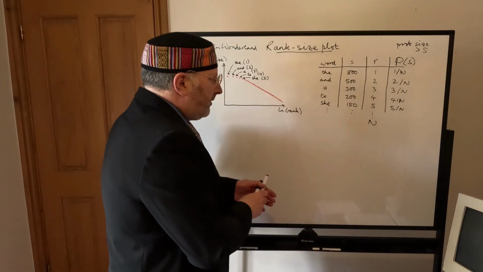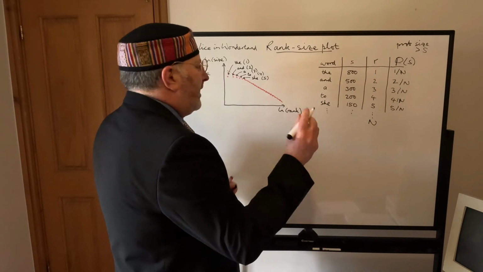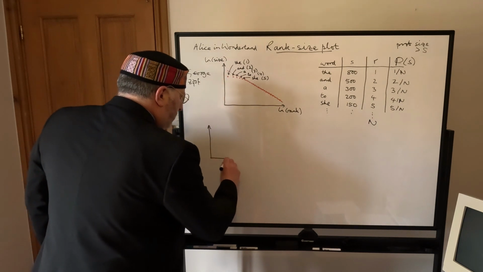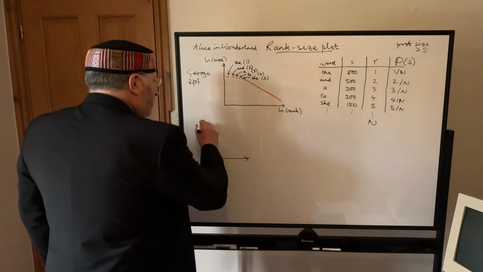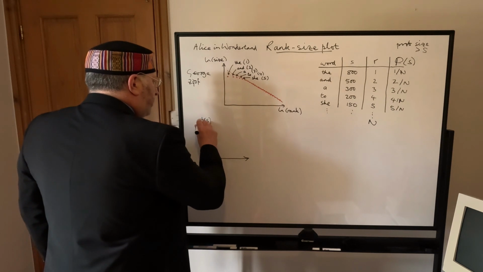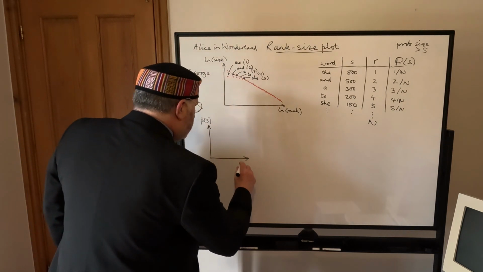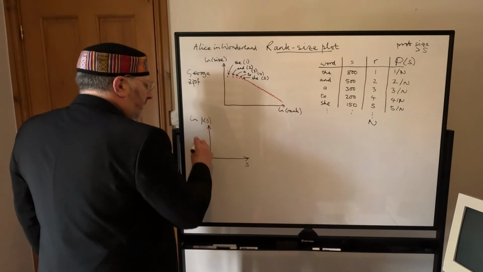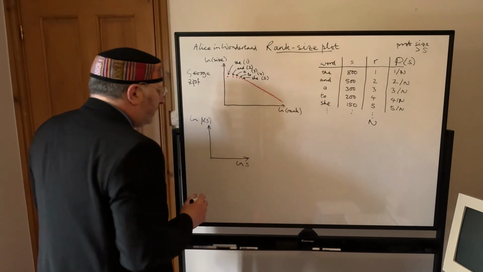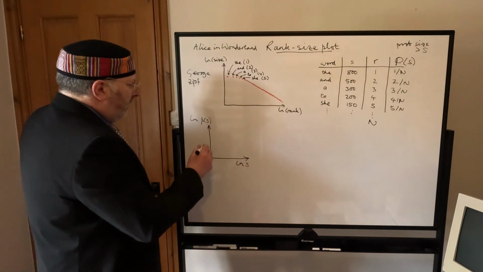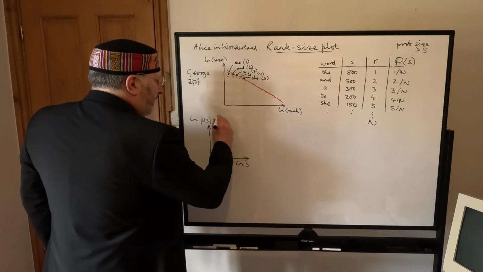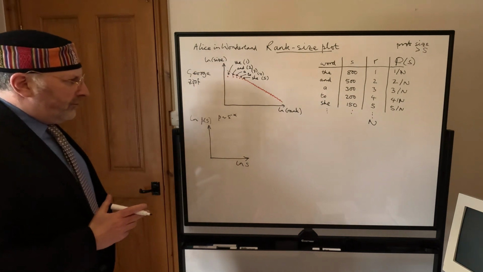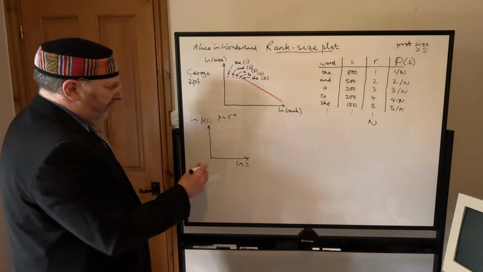So let's now think about plotting various graphs. So we'll start with plotting the probability density, P of S against S, and we're doing logarithms. Well, we'll assume we've got a power law, P is proportional to S to the minus alpha.